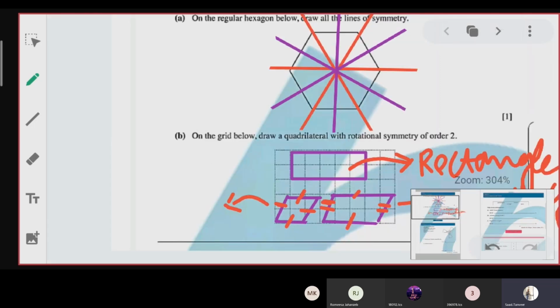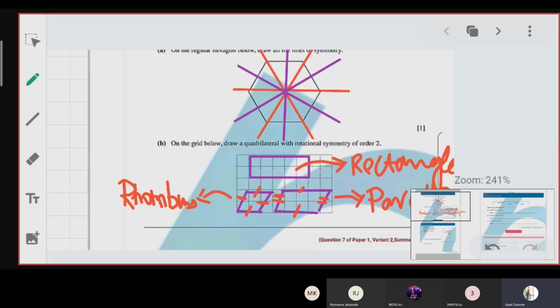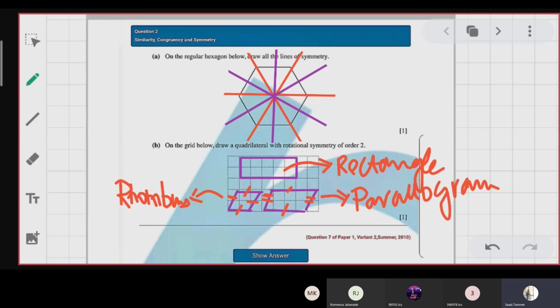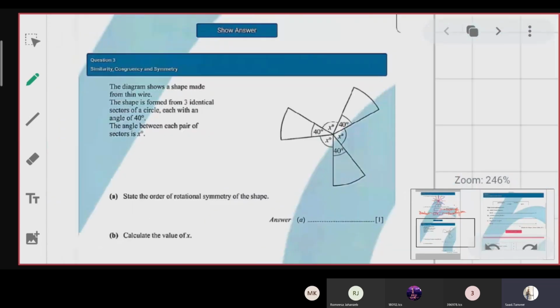So from the following three shapes, you can draw any of the shapes because all of them have order of rotational symmetry 2. इन तीनों की रोटेशनल सिमेट्री का ऑर्डर 2 है ना, so you can draw any of the shapes. ओके भाई, moving towards next question.